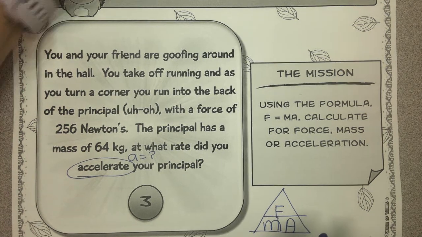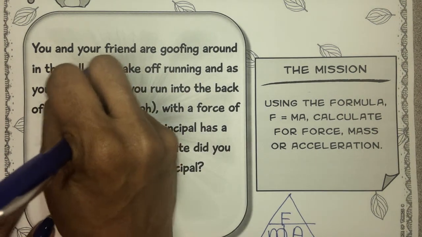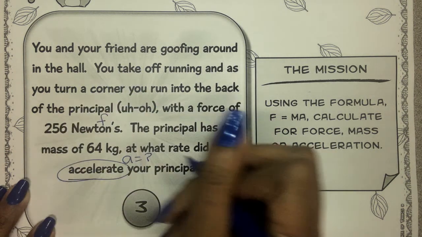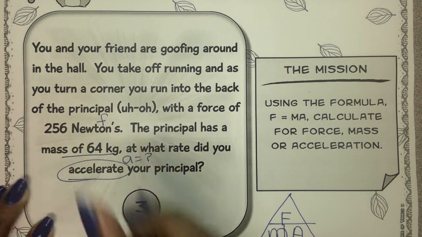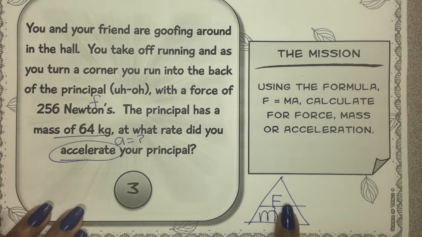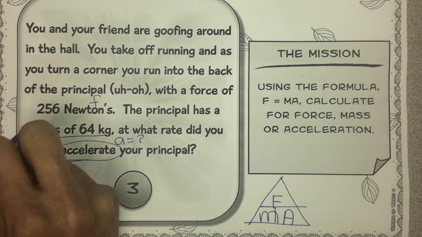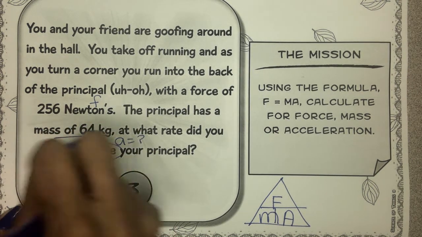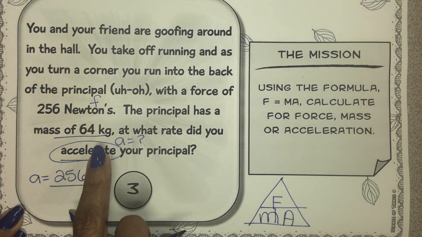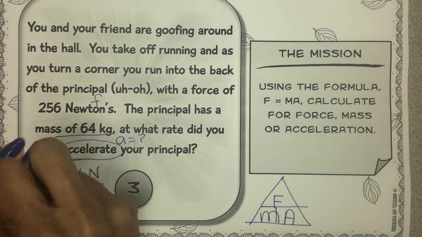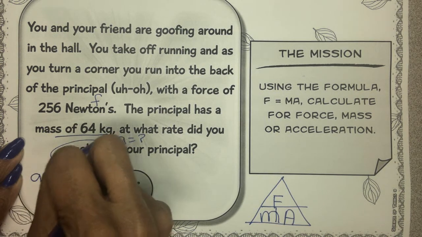The information you're given is a force of 256 newtons, and your principal's mass is 64 kilograms. So, acceleration is force divided by mass. Your acceleration is your force, 256 newtons, divided by mass, 64 kilograms.